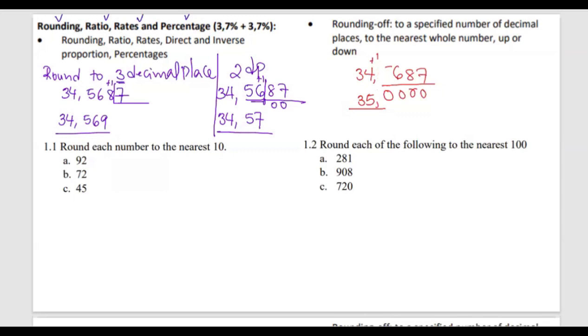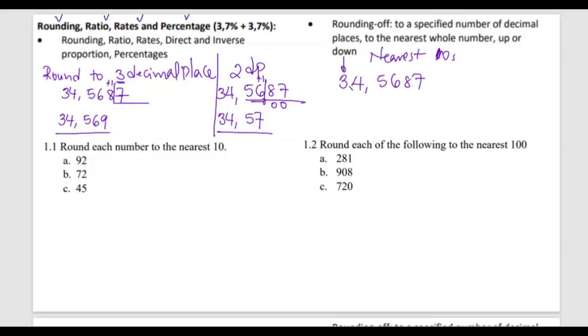Then we also have another rounding off to whole numbers, to hundreds, to fives, to tens. For example, if they say round off to the nearest tens, the number is like this. The tens are these ones here.